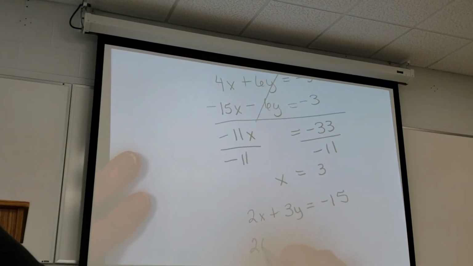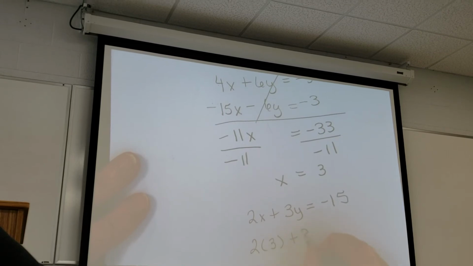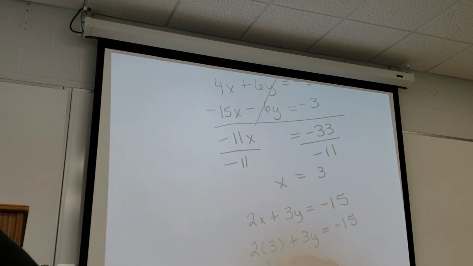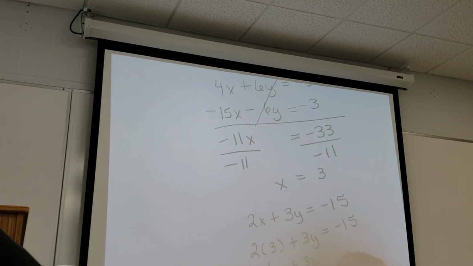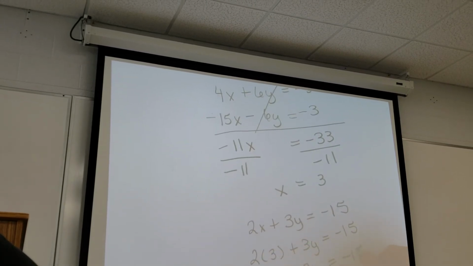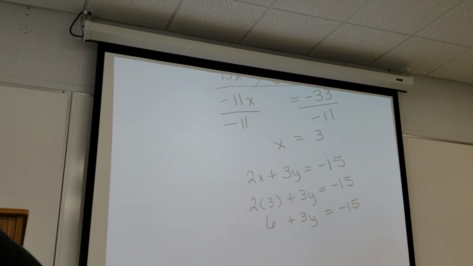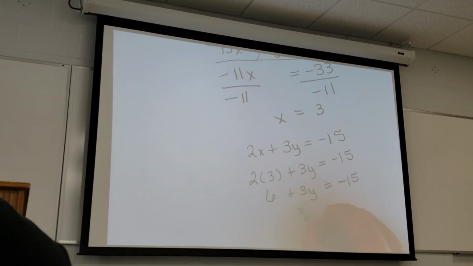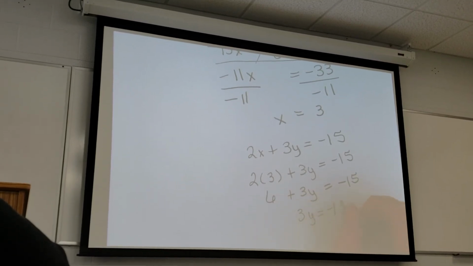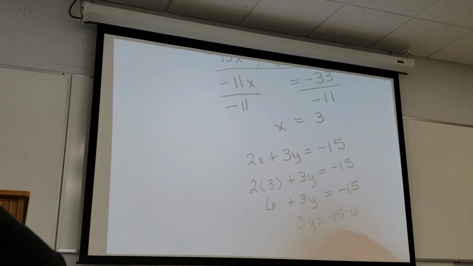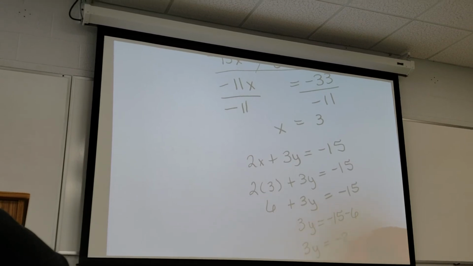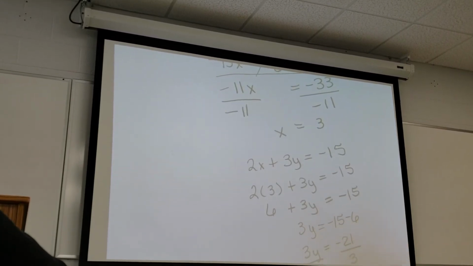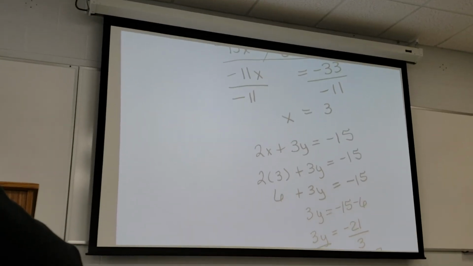I have 2 times 3 plus 3y is equal to negative 15. 2 times 3 is 6. Now I'm going to solve for y. The 6 has to come over and become negative. So we get 3y is equal to negative 15 minus 6. 3y is equal to negative 21. y is equal to negative 7.